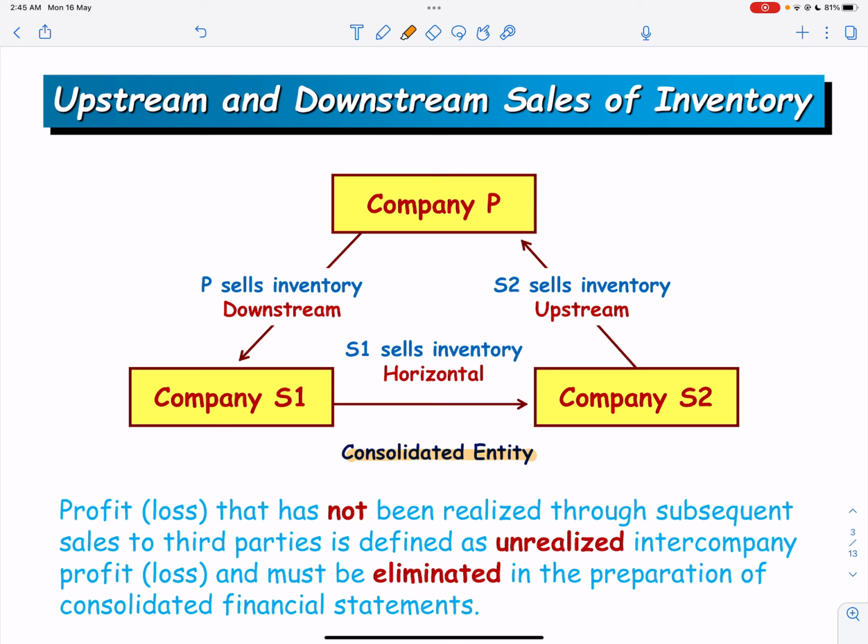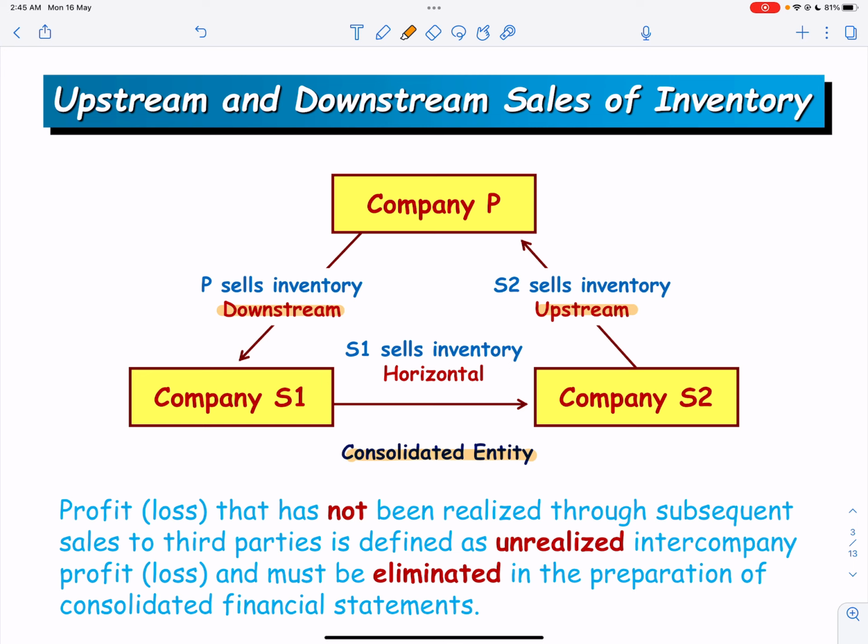Next is the upstream and downstream sales. These terms are associated with intercompany sales. Upstream is a subsidiary selling to the parent company, while downstream sales are from parent to subsidiary.